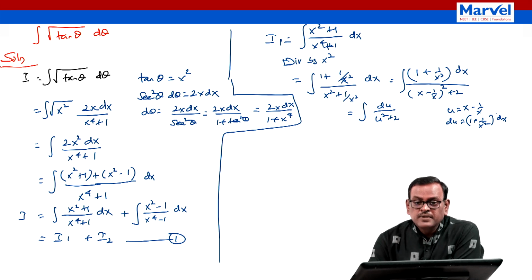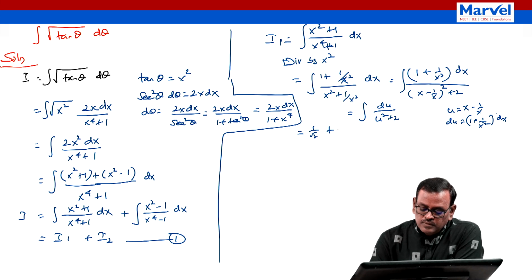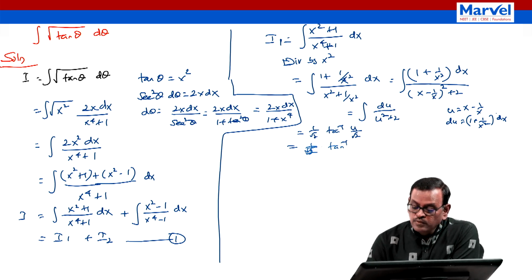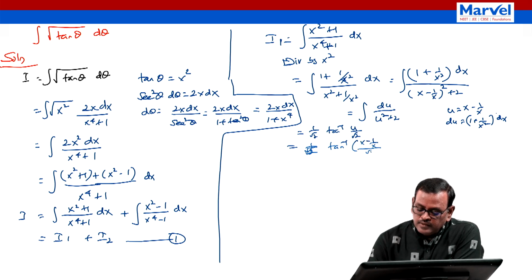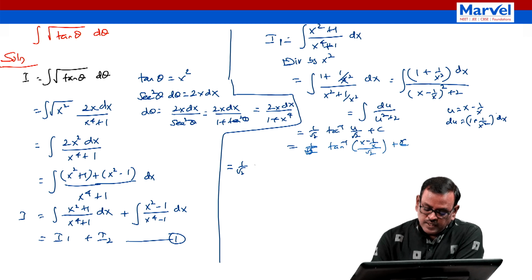Therefore, what does the expression become? It is equal to 1 by root 2 tan inverse of u by root 2. So what is u equal to? x minus 1 by x, plus c, which is equal to 1 by root 2 tan inverse of x square minus 1 by root 2x plus c.